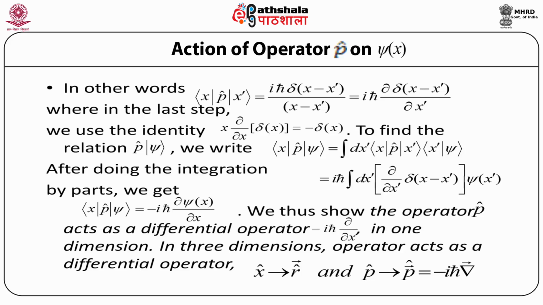Now, in order to solve this integration, we use the method of integration by parts, and we get the relation ⟨x|p|ψ⟩ = −iℏ ∂ψ(x)/∂x.